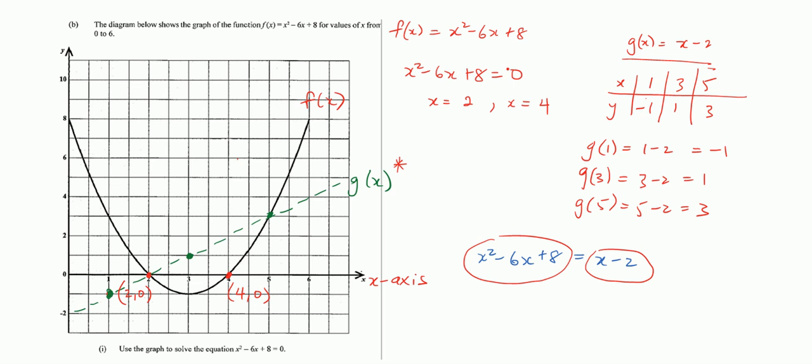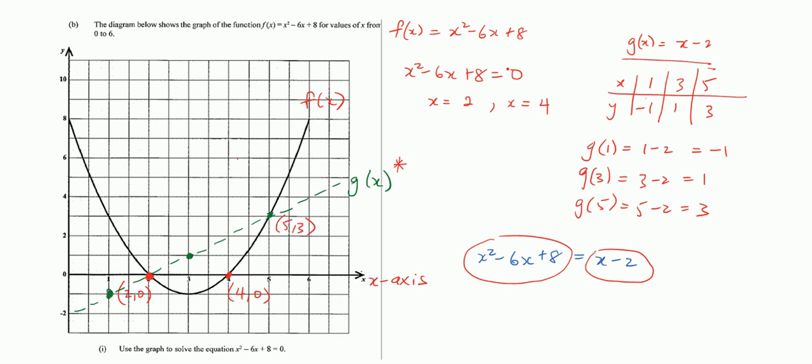So what they're actually telling us here is, where does the quadratic graph intersect the straight line graph? It intersects at this point here, which is, is that 2? Yeah, okay. So it intersects at 2, 0 and also 5, 3. That's this point here.